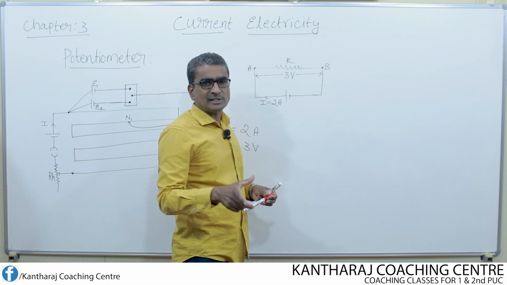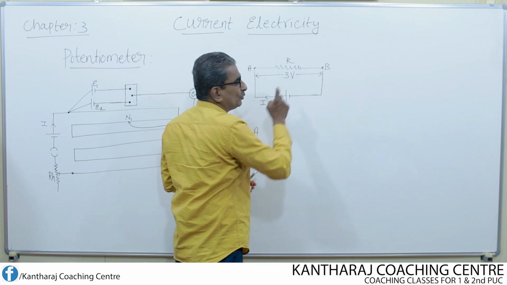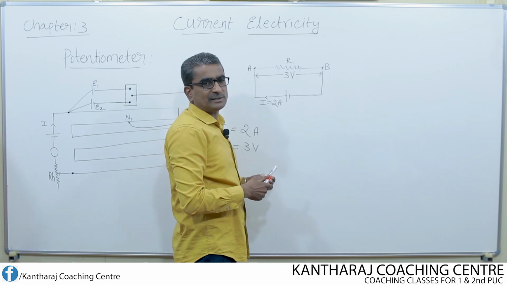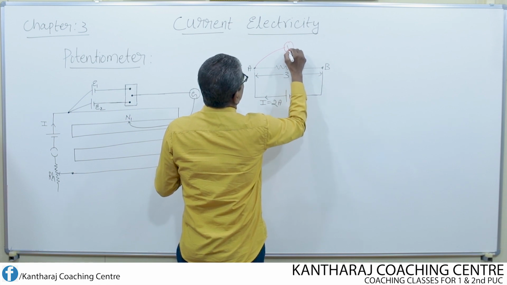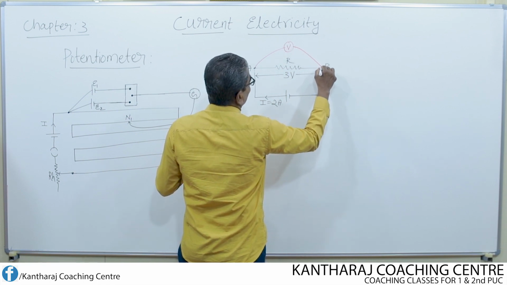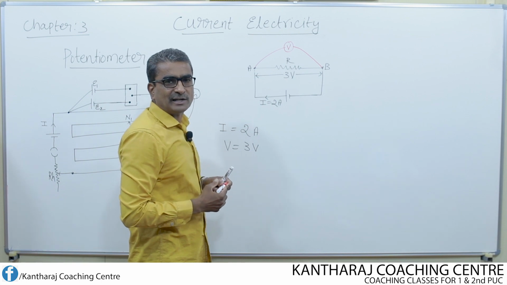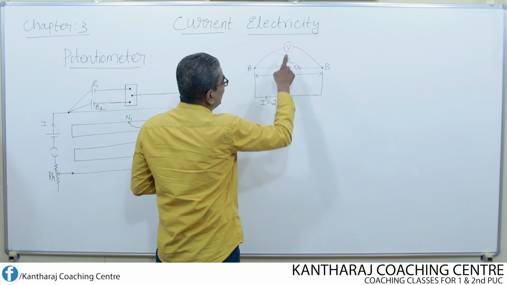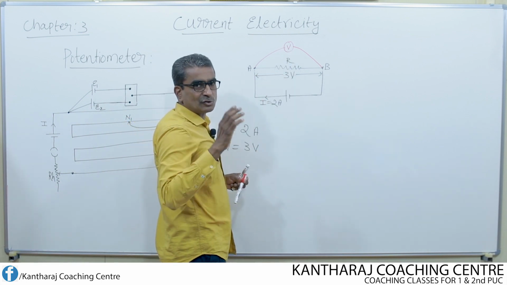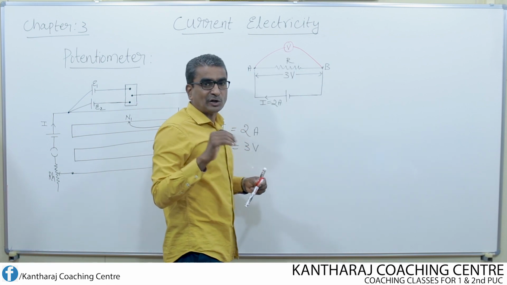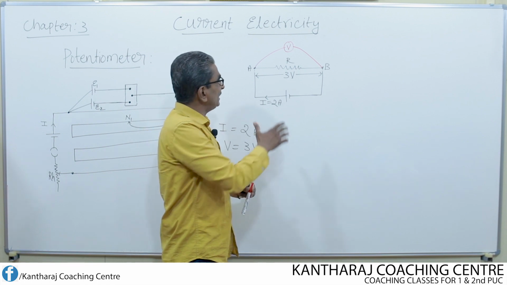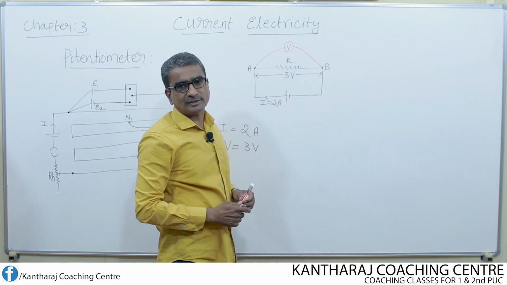To measure the potential difference between 2 points, we have to connect the voltage measuring device known as a voltmeter. Now what happens if I connect the voltmeter? It has to read 3 volt. It has to show us 3 volt. But actually this voltmeter is not going to read 3 volt. It reads less than 3 volt.